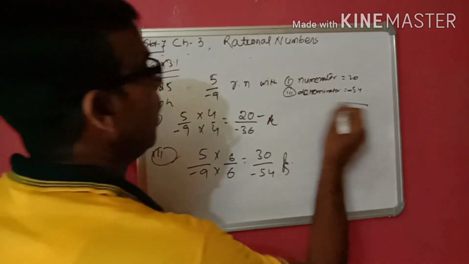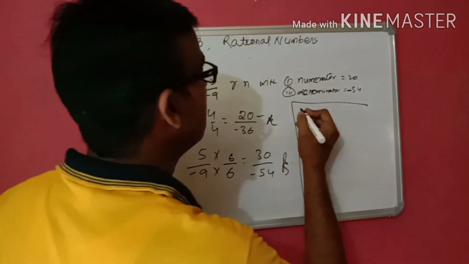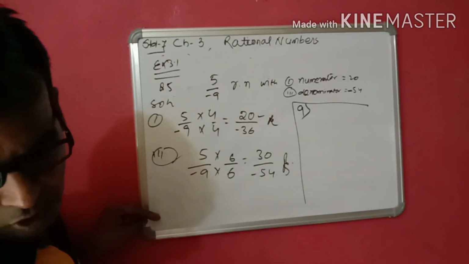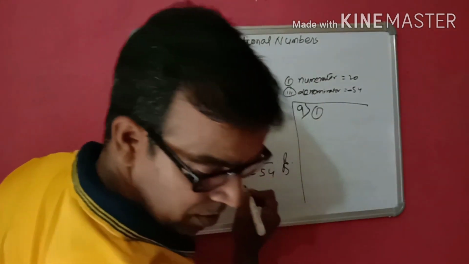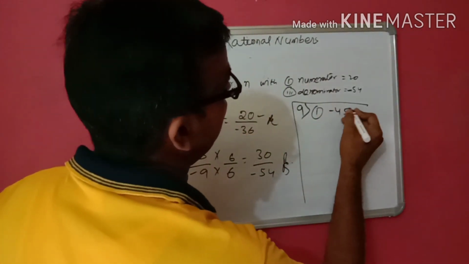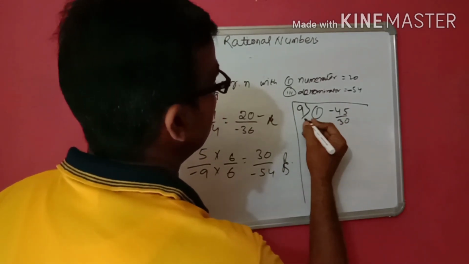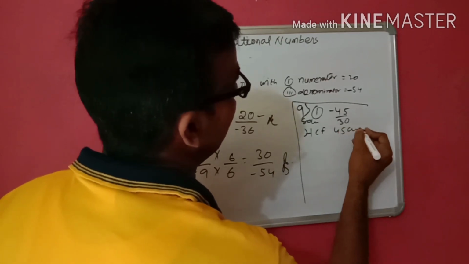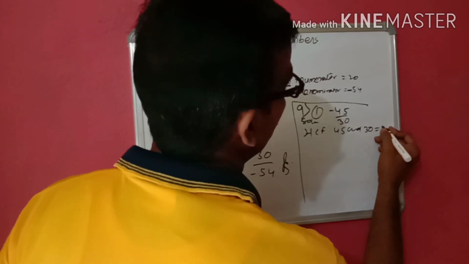Write down please. Now question number 9. It is given: reduce each of the following rational numbers to standard form. The number is minus 45 by 30. So first of all we have to find the HCF of 45 and 30, which is 15.